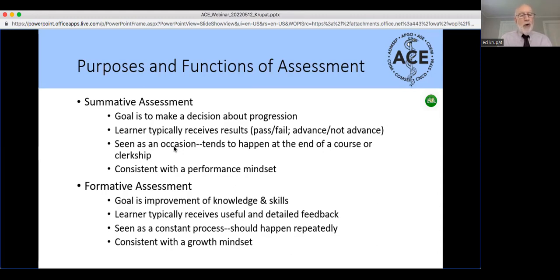It's a form of assessment where the goal is to make a decision about pass, fail, advance, not advance. And in fact, it's seen as an occasion. It's a one-time shot usually that happens at the end of something. Am I ready to graduate? Am I ready to be licensed? Am I ready to move on to the next year or whatever?